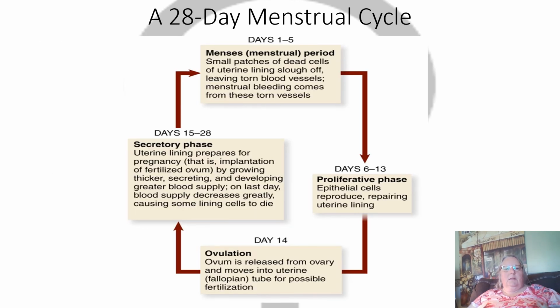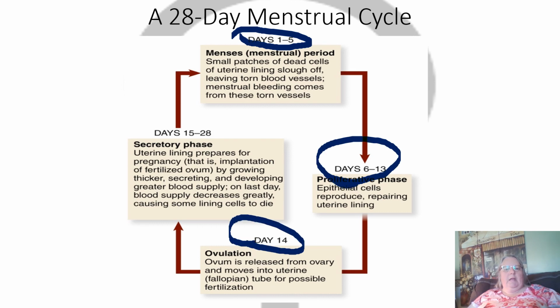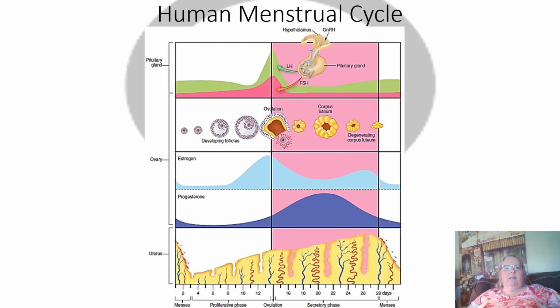This is a diagram of the menstrual cycle. And note these days, okay, because you're going to need them. This diagram illustrates the relationship of the pituitary, the ovulation, and uterine functions throughout the typical 28-day cycle.